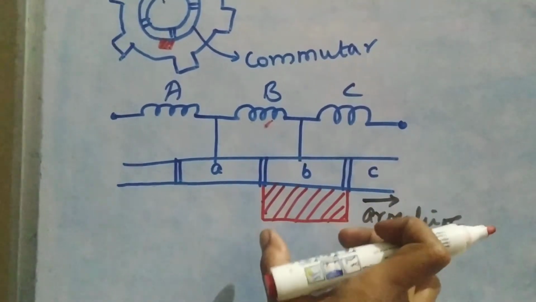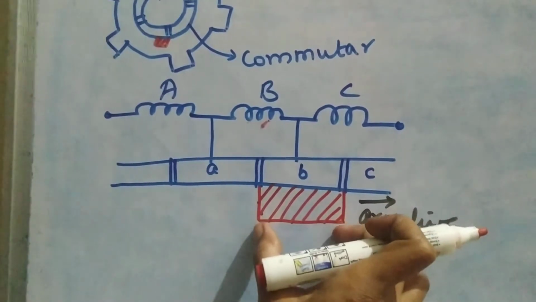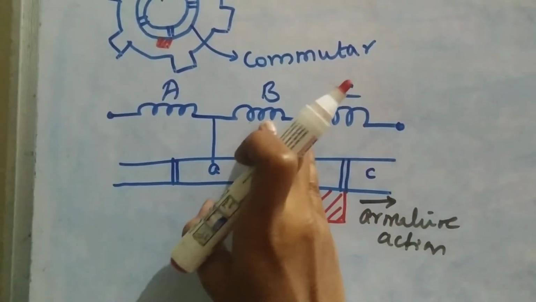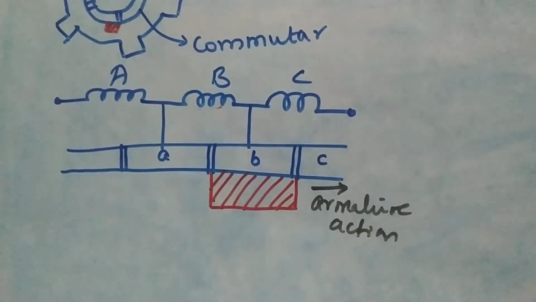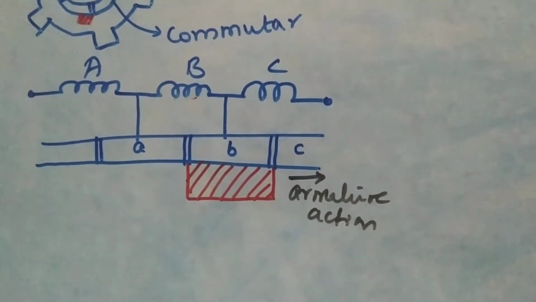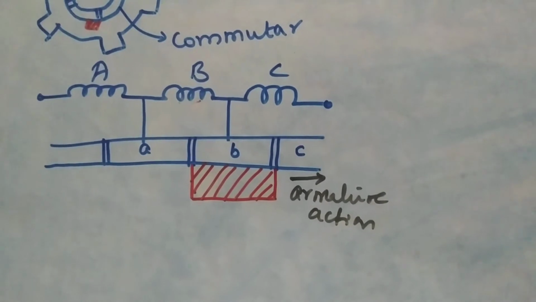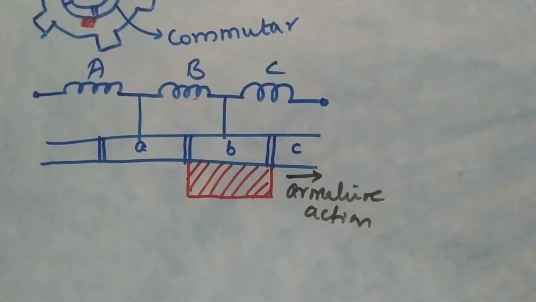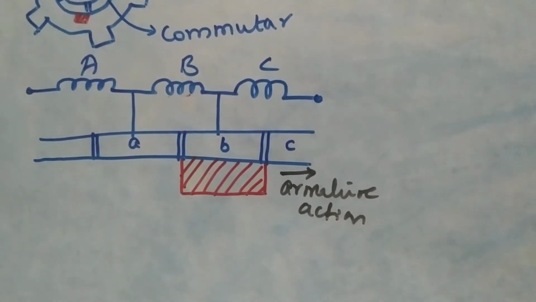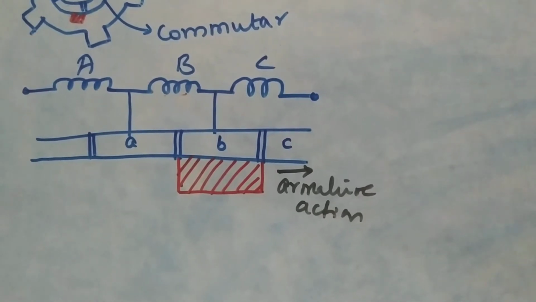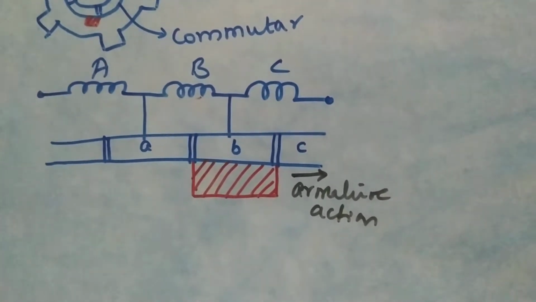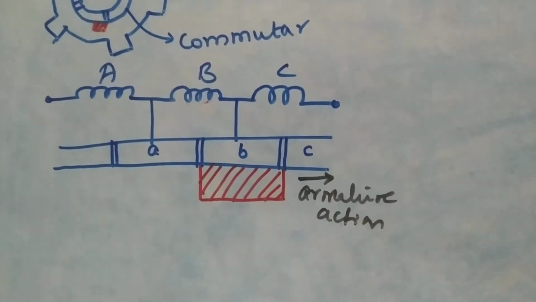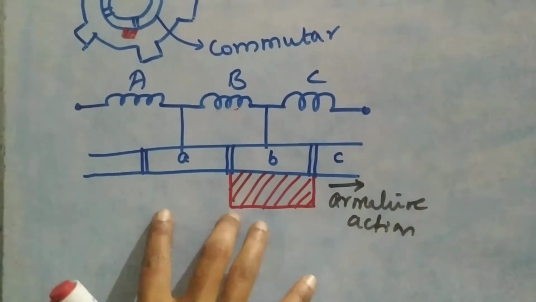It is about to be, because here you can see the brush is almost between C and B. So the brush is about to come in contact with the commutator segment A.